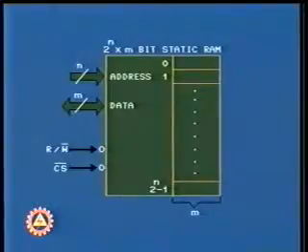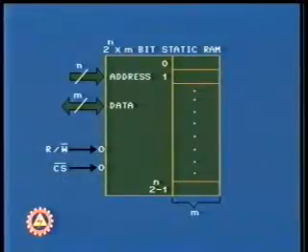The general model of a static RAM consists of n-bit address bus to select any of the 2 to the power n locations, m-bit bidirectional data bus, read-write bar input signal, that is, a high for read and a low for write operation, and a chip select CS bar input.